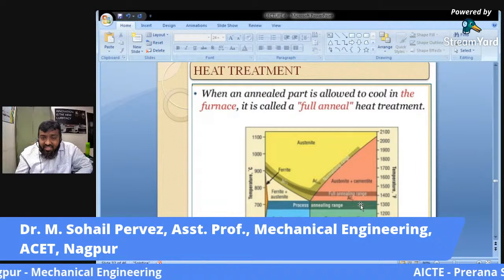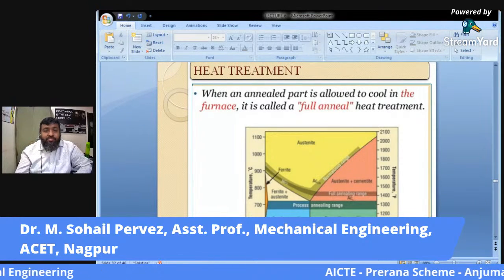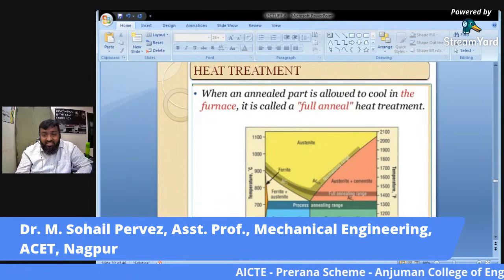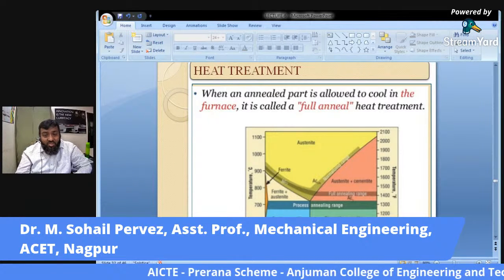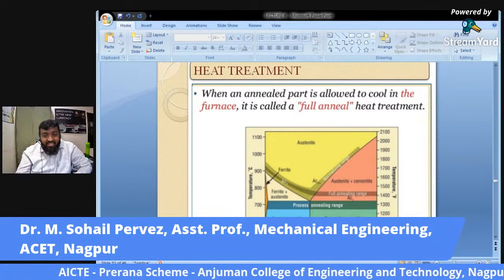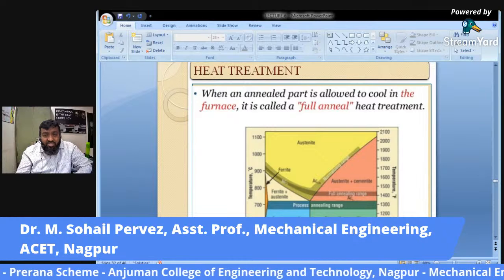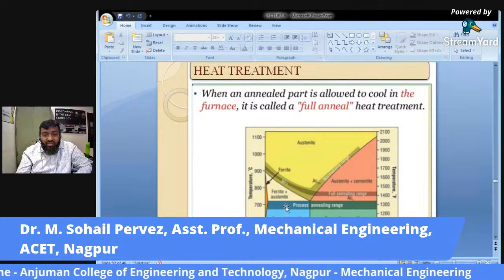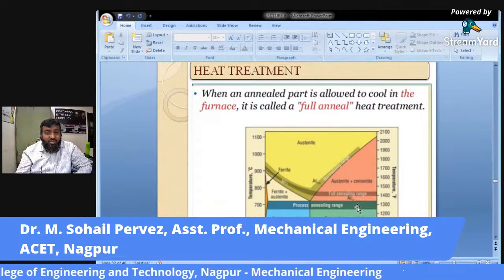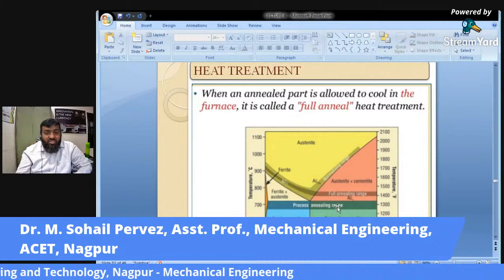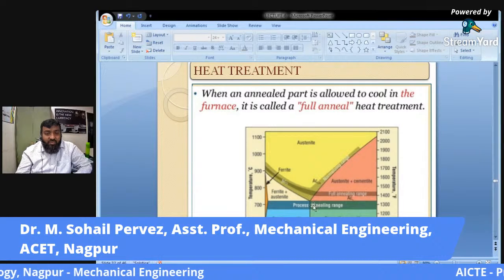You can see the belt. Here is ferrite plus perlite, and this is cementite plus perlite. So the percentage of carbon range may be changing, but the temperature range is very important. So the annealing process range is in between this.